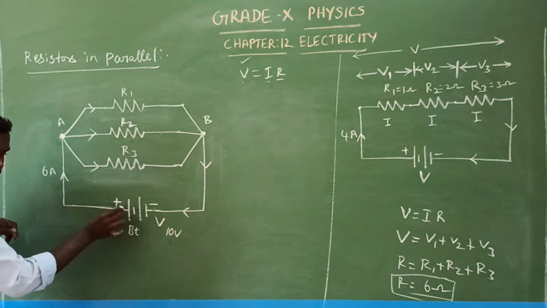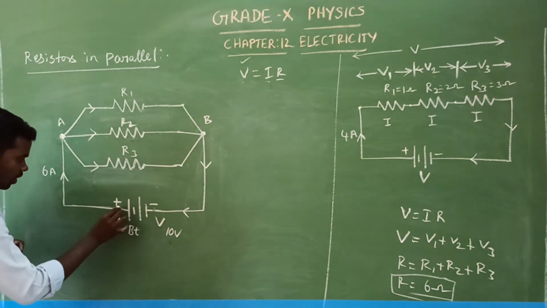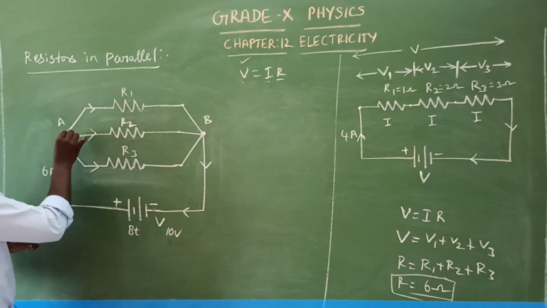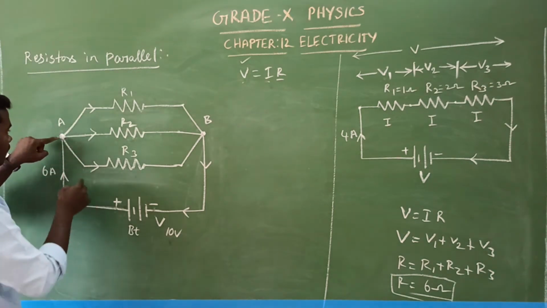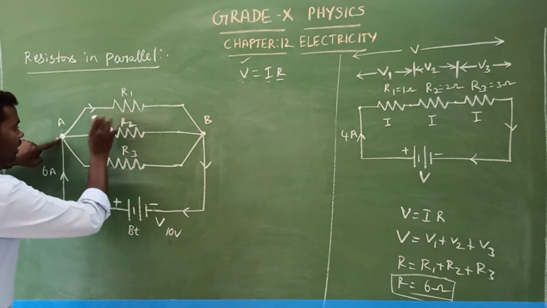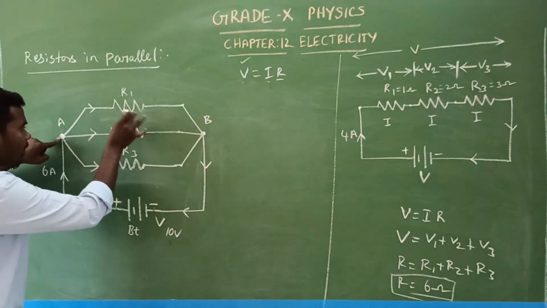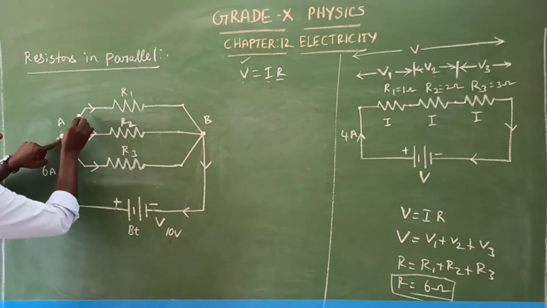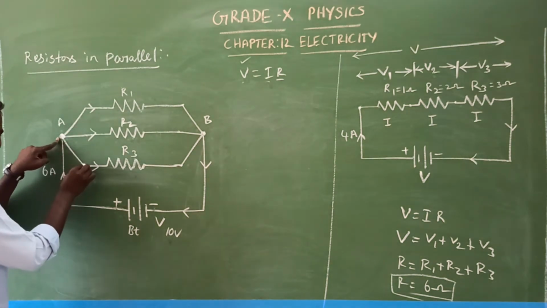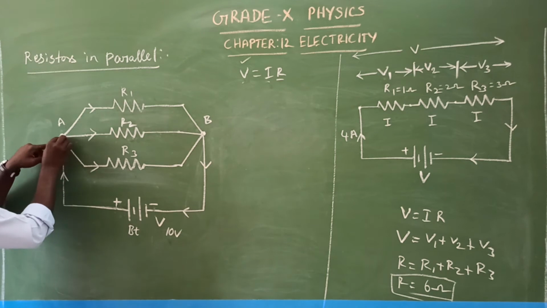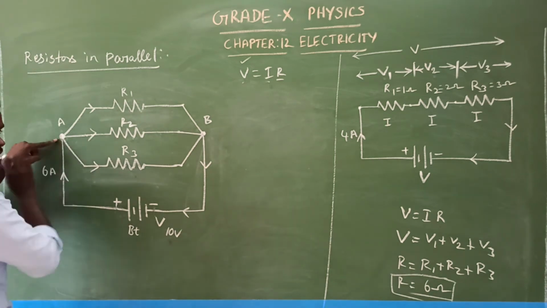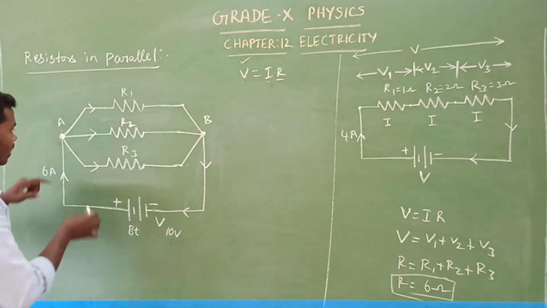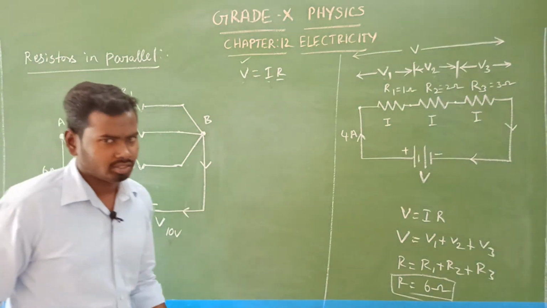Current comes to point A. But from point A, 3 branches are there: path 1, path 2, path 3, resistors R1, R2, R3. The 6 ampere current is here at point A, but there are 3 paths. Next, what will happen? Yes, the current gets distributed.